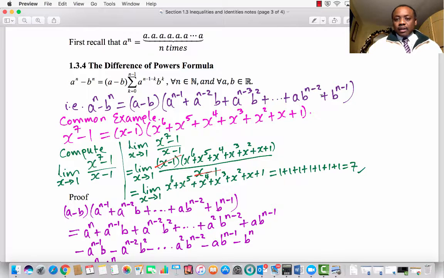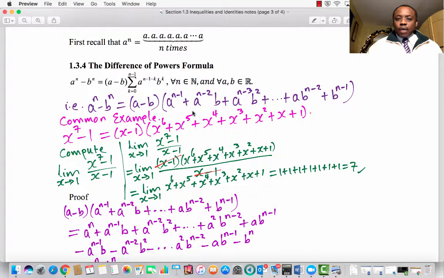Now, to break that down, we're saying that A to the n minus B to the n equals A minus B times A to the n minus 1 plus A to the n minus 2 times B plus A to the n minus 3 times B squared plus ... A times B to the n minus 2 plus B to the n minus 1.